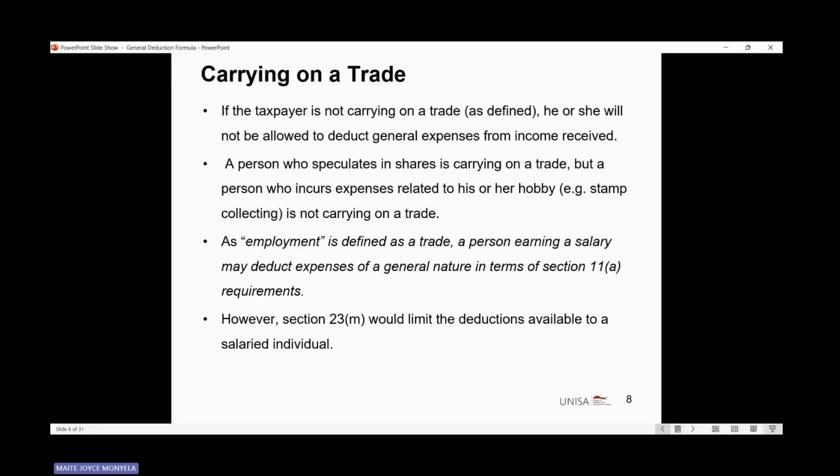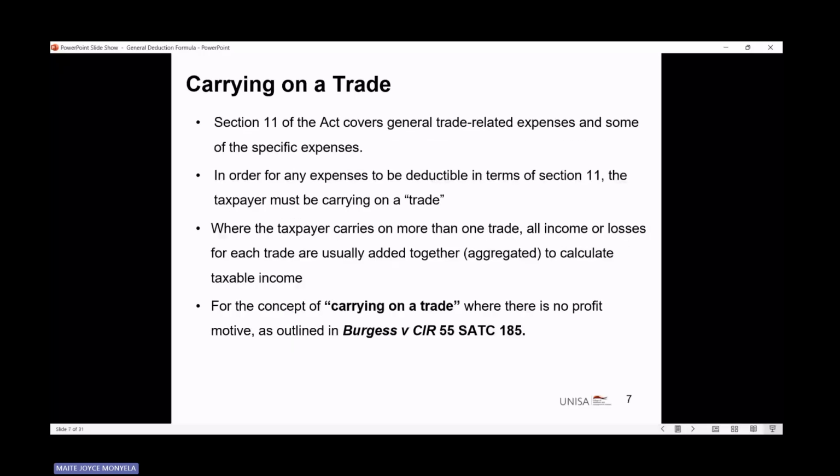So in terms of section 11, remember on this level, we need to say in terms of section 11 or 11A, the requirements of the general deduction are as follows. You need to list those requirements. And after listing the requirements on this level, you need to also apply the carrying on of a trade.